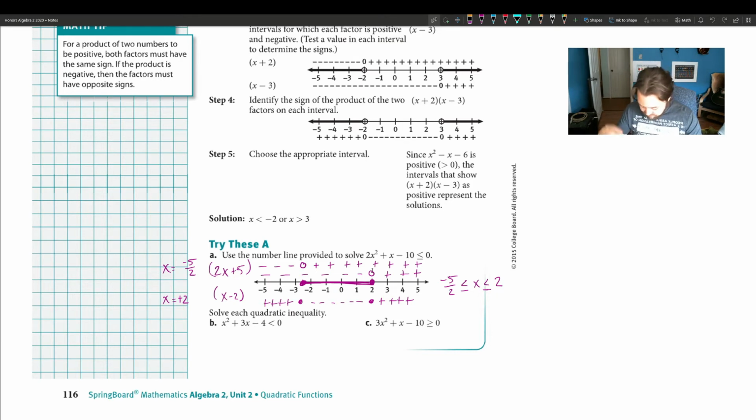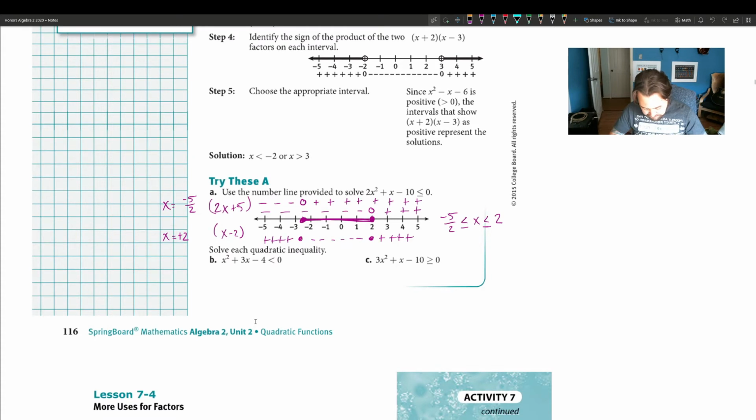So what I'm going to do is take a look here at B. x squared plus 3x minus 4. And if I factor that, my two factors are going to be x minus 1 and x plus 4. So my two zeros will be x equals 1 and x equals negative 4.